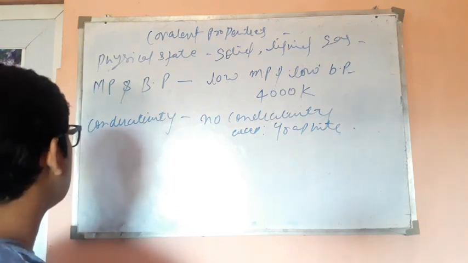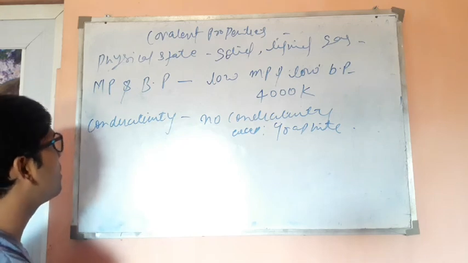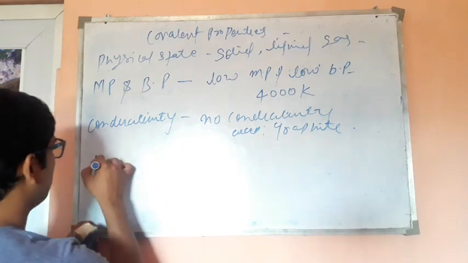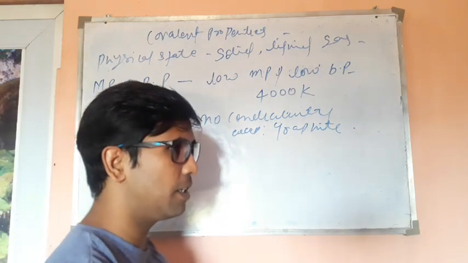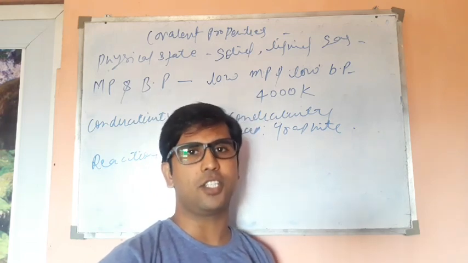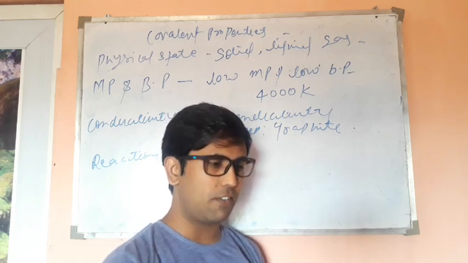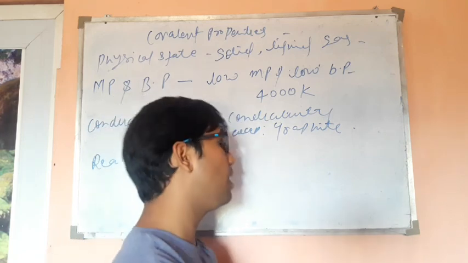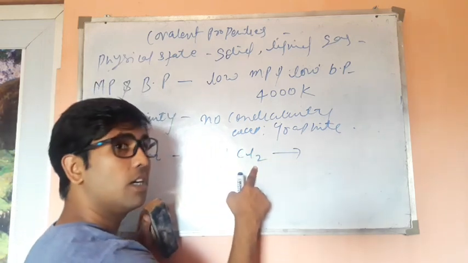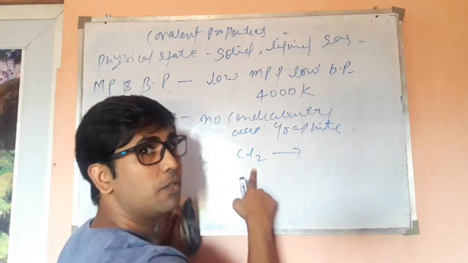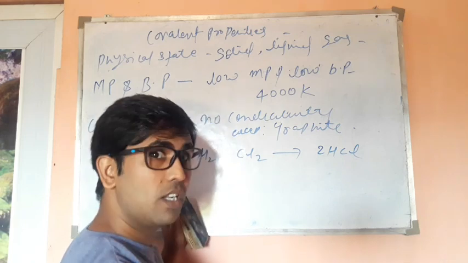Now we have already discussed physical state, melting and boiling point, and conductivity, and now the reaction. If two non-metals react with each other, they form something new, something very cleverly made. Like if you connect hydrogen and chlorine, both non-metals, both will try to share their electrons, and in turn they will give you HCl, which is a liquid.